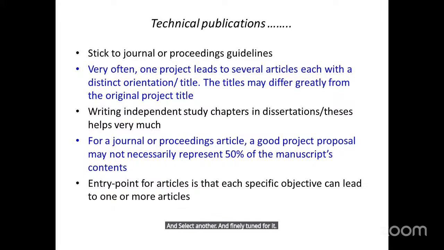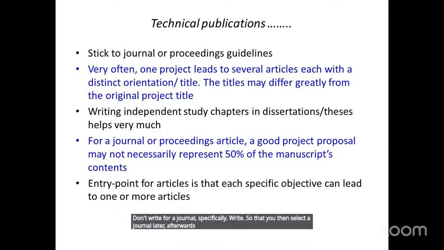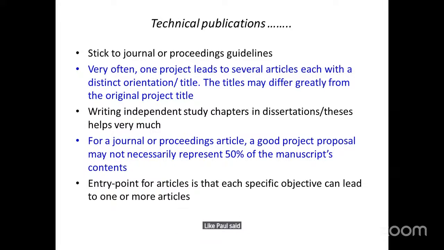Don't write for a journal specifically. Write so that you then select a journal later afterwards. Like Paul said, journal interests, journal guidelines can take over the process and confuse you. Let them come in at the end. Okay?